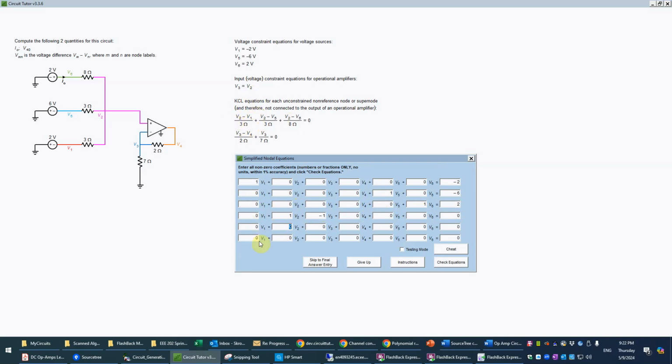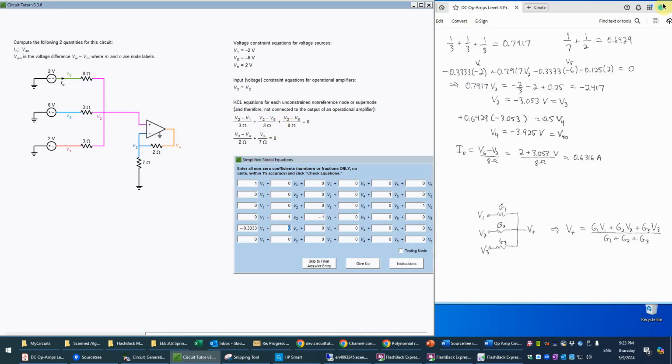Okay, so now we're down in the 5th row, and here for V1 we have basically just this term, so it's -1/3, and I can type that as a fraction if I like, or you can just put in the decimal -0.3333. The V2 here has 1/3 plus 1/3 plus 1/8. So I've just done that on paper over here and putting it in the calculator is 0.7917.